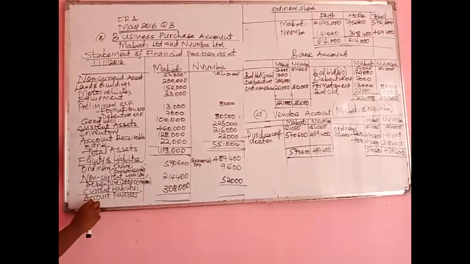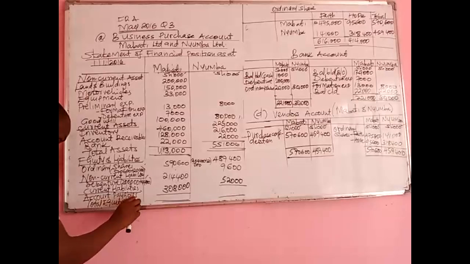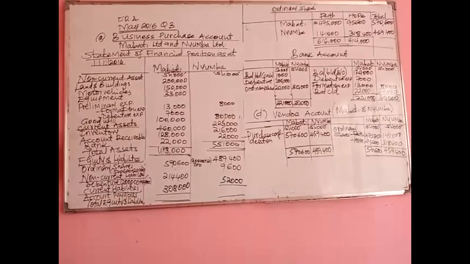So total equity and liabilities. Tell me if it balances, or how much we have got wrong. Is it giving you 1,113,000? How much is it giving you? 551,000.